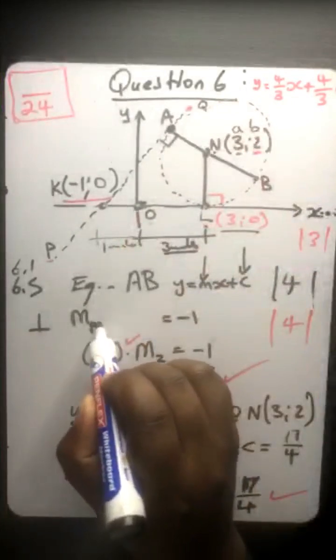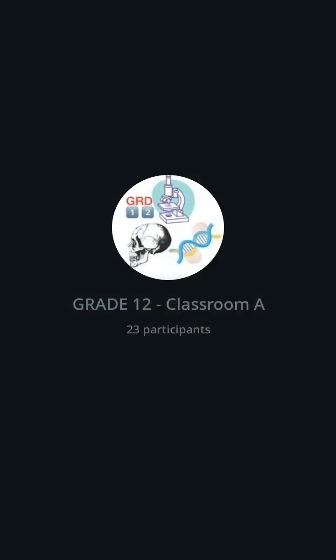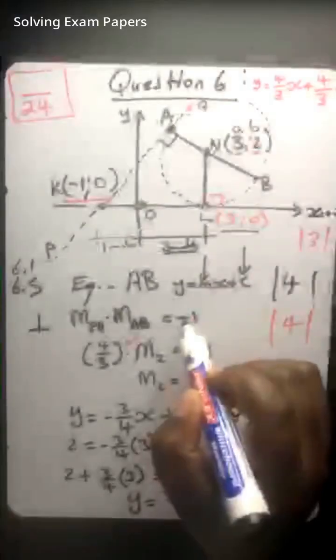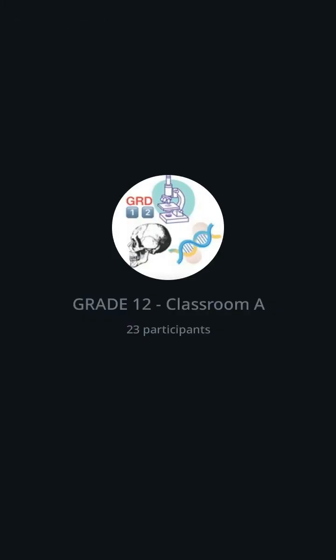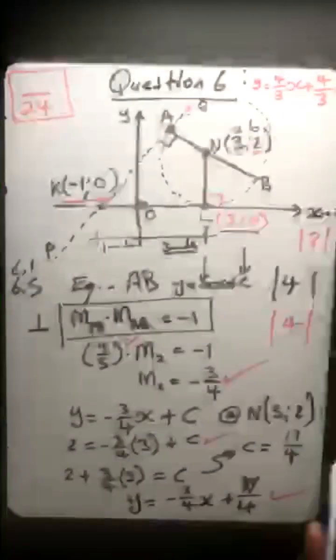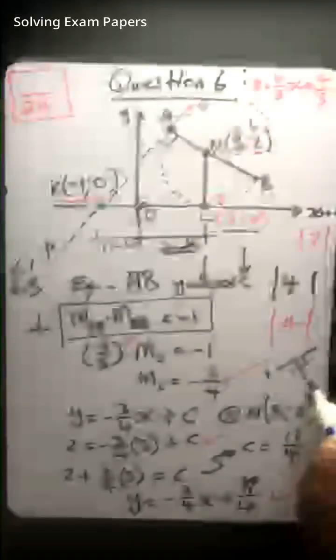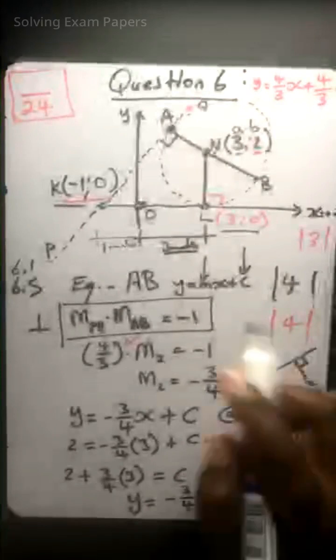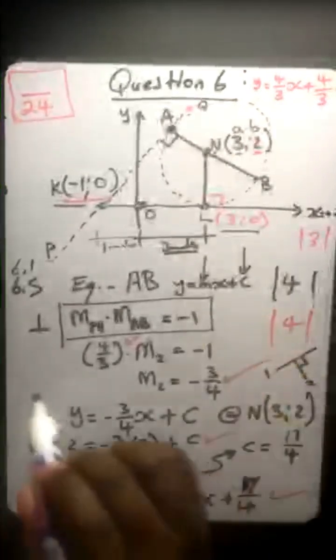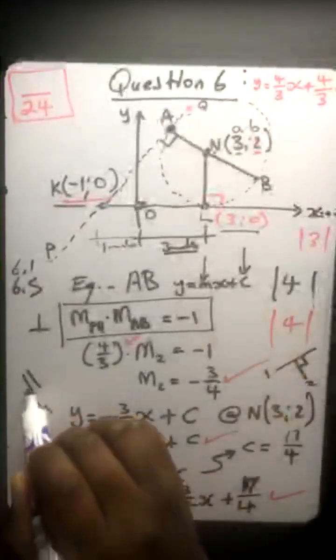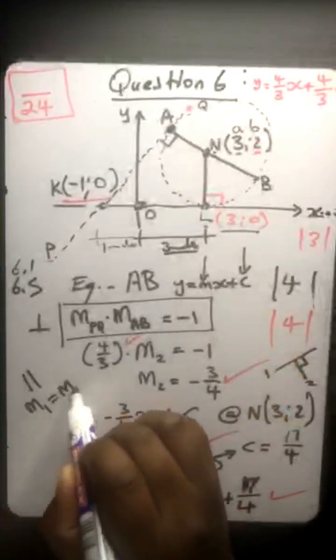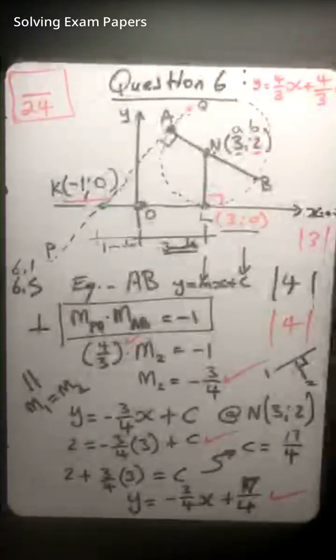When you multiply it with the gradient of AB, it has to give you negative 1. Why? Because these two lines are perpendicular to each other. It is a formula for lines which are perpendicular. If you have lines which are perpendicular, the gradient of this line and the gradient of that line, when you multiply them together, will give you -1. But if you have parallel lines, the gradient of this line is equal to the gradient of this second line. So that's what you always need to remember under analytical geometry.